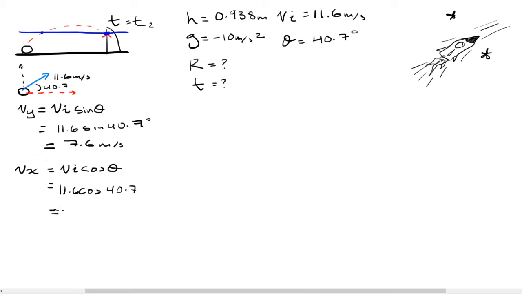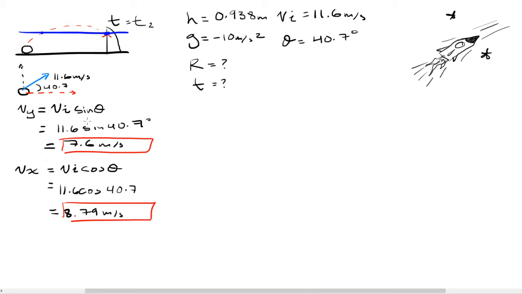If we plug that into our calculator, we're going to find that the velocity in the x direction is equal to 8.79 meters per second. Okay, so let's box up these answers and move on to the other fun stuff in this problem.